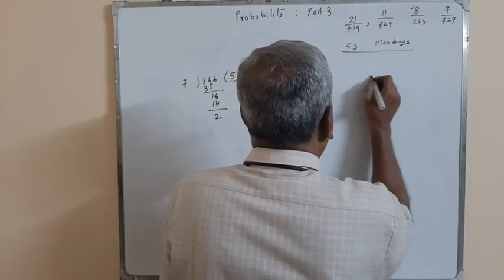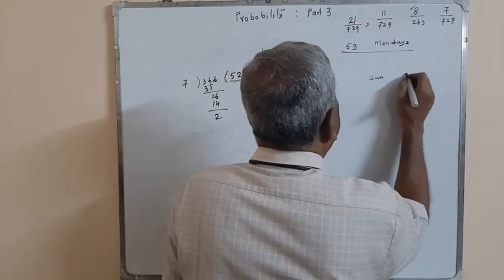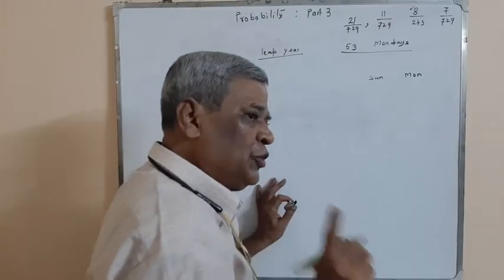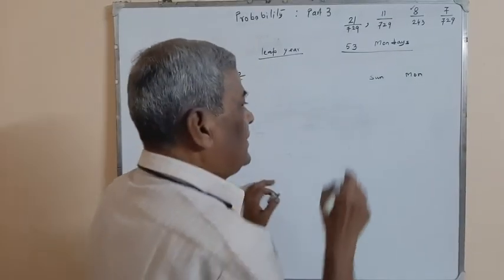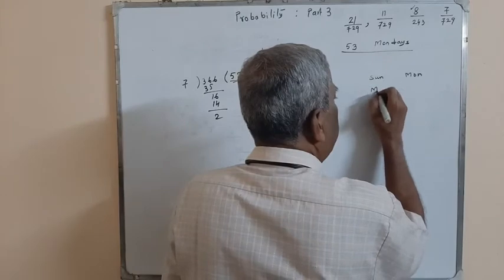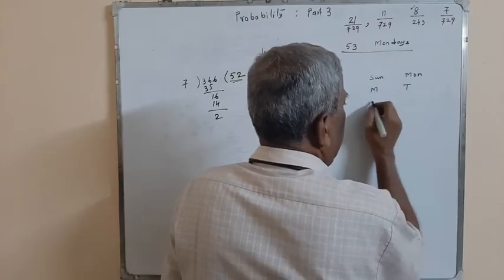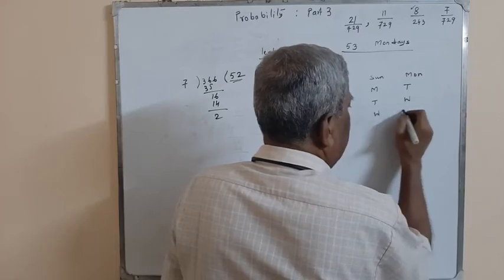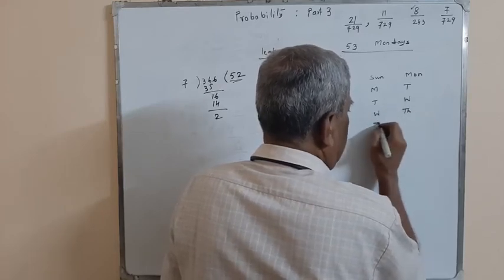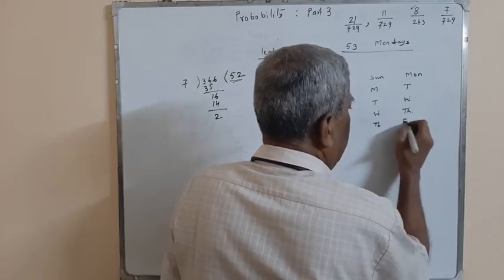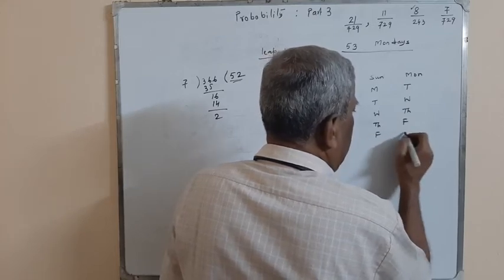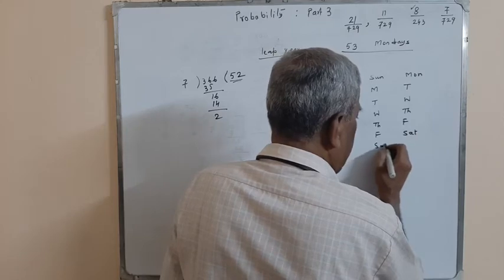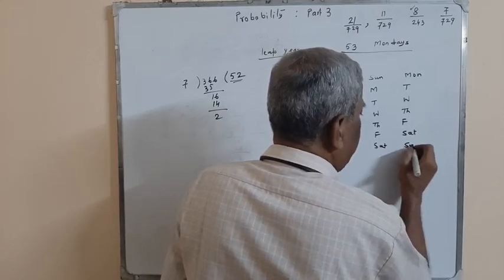This Sunday and Monday. They must be 2 consecutive days, these 2 excess days. Then Monday, Tuesday, Wednesday, Thursday, Friday and Saturday and Sunday.